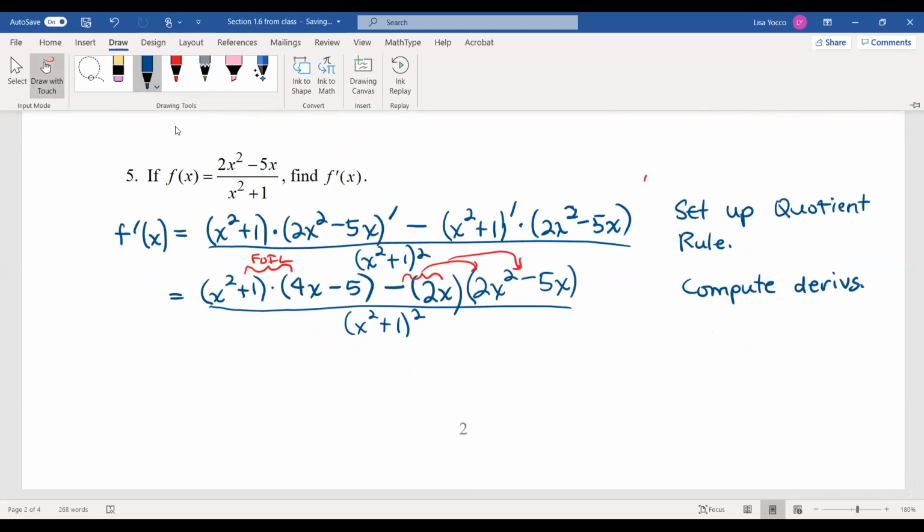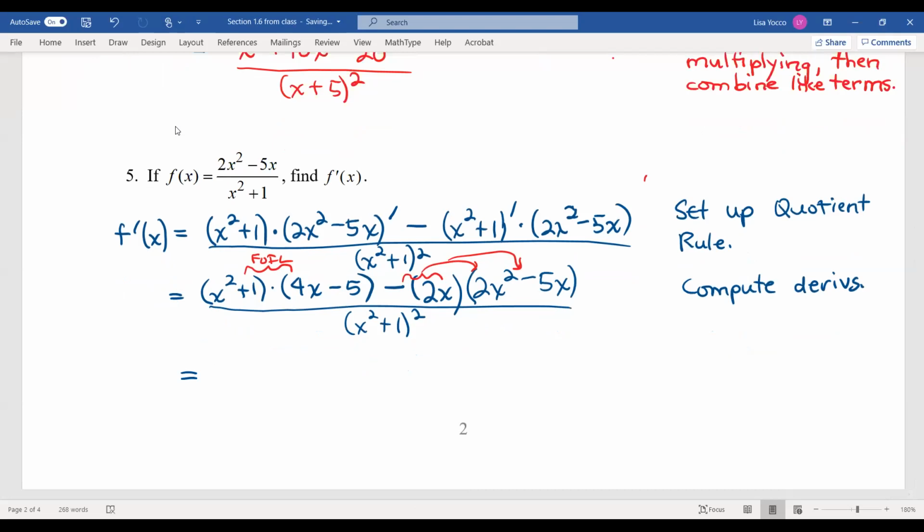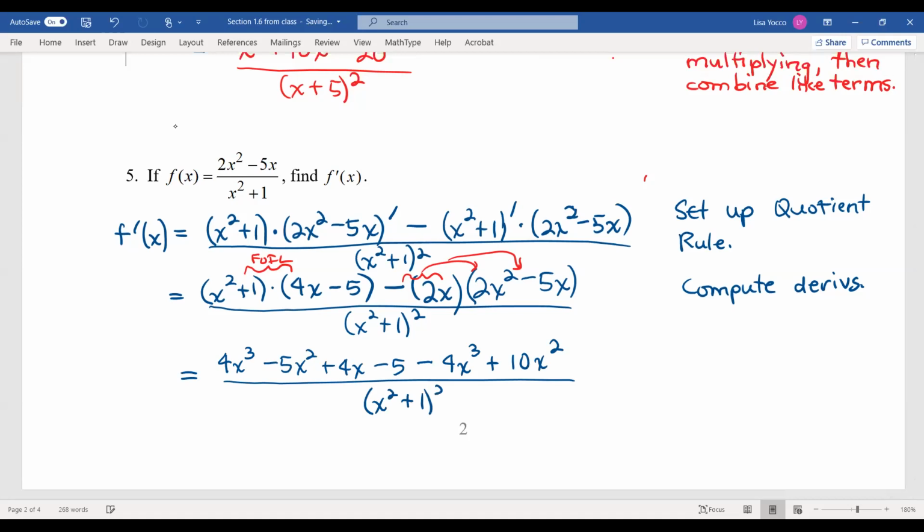All right, FOILing gives me 4x cubed minus 5x squared plus 4x minus 5. Distributing to minus 2x gives me minus 4x cubed and positive 10x squared, and still all over that denominator squared, which I'm leaving alone.